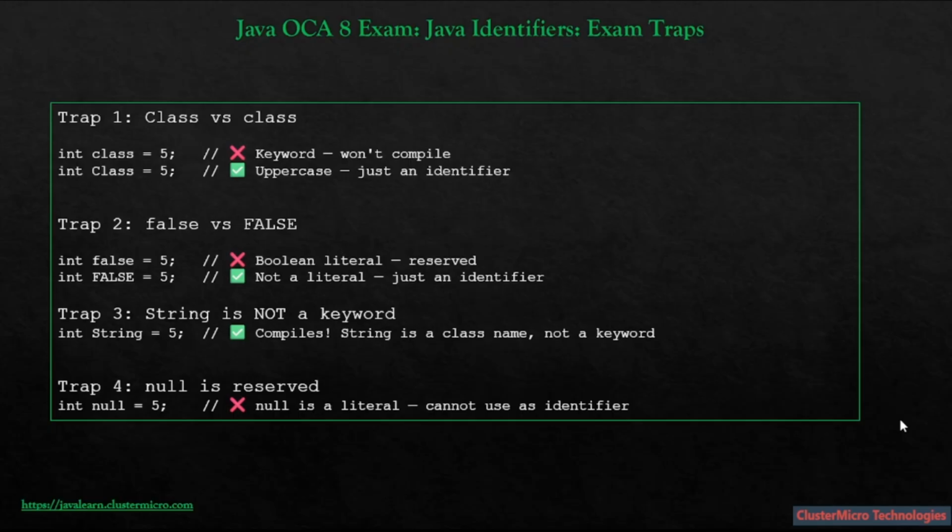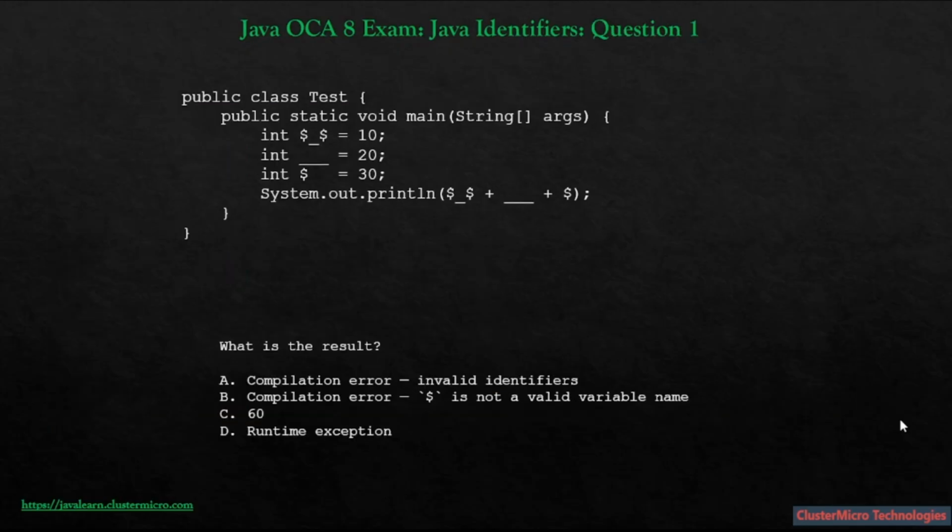Like false and False: if it starts with a small f, it's a boolean literal, a reserved literal, so it won't compile. But you can have an identifier with a capital F, that's not a literal, so it will compile, not an issue. Then you can have, like we discussed, System, String, all these things. These are class names, and null is also reserved, so it will not compile at all. Null is a literal.